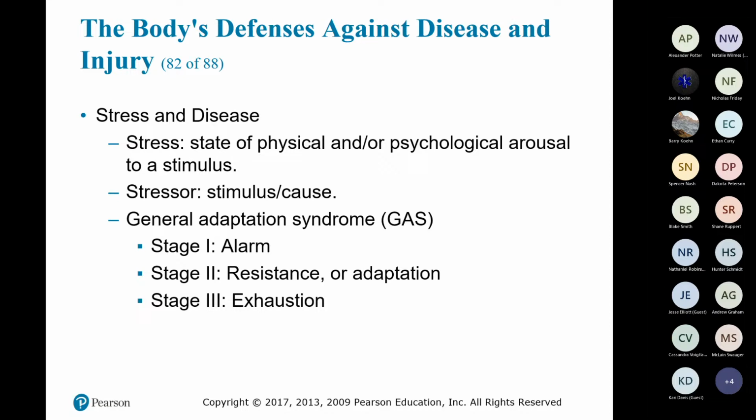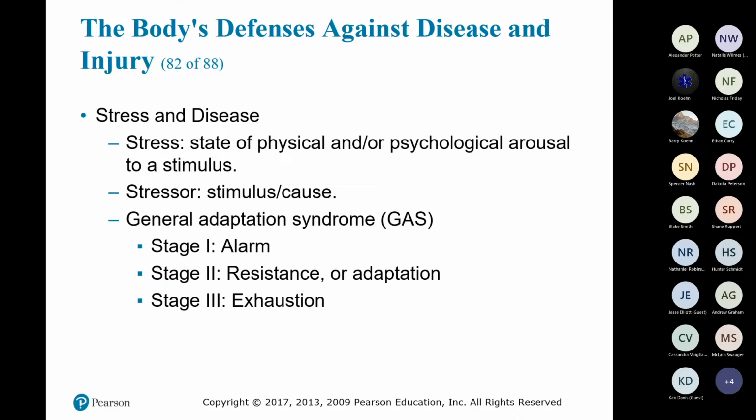As we get an initial alarm to stress, or some stressor has essentially freaked us out, right? We try to resist it, or we adapt to that stress. And then eventually we kind of, over a long period of time, experience exhaustion or burnout due to stress, where the person can no longer cope with or resolve the stress, and physical illness may ensue itself.